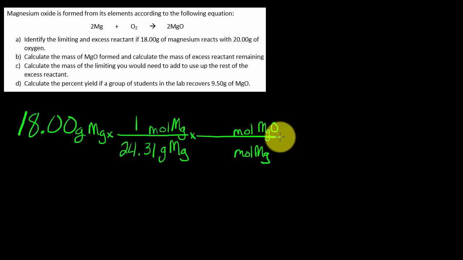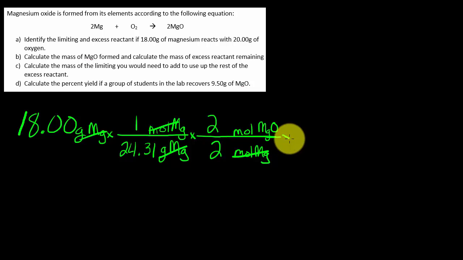Now let's look at the coefficients. We have 2 and 2. So 2 moles of magnesium are used to produce 2 moles of magnesium oxide, and we're able to cross these off as we go.